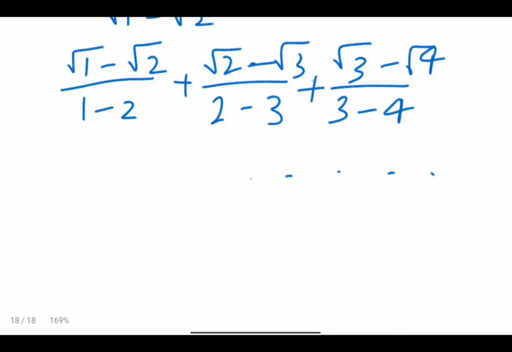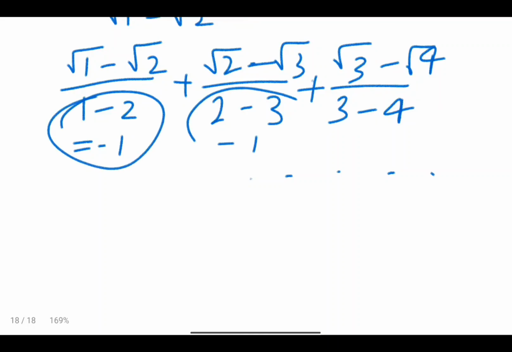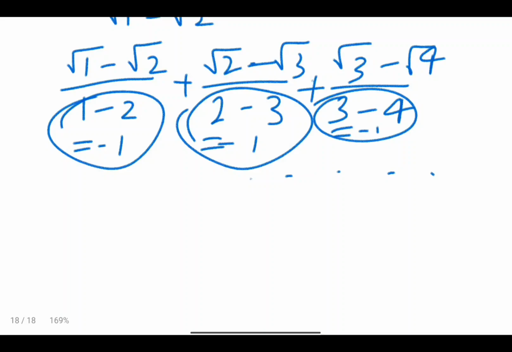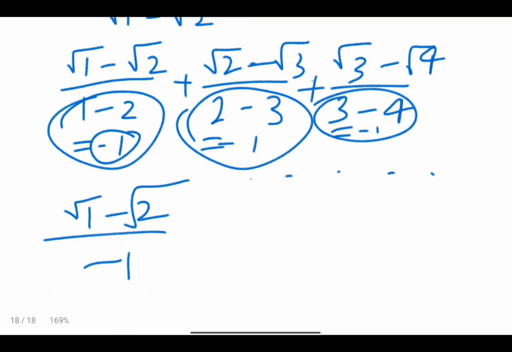If you simplify it now, see that here it remains only minus 1 in the denominator. Here it will only remain minus 1. All of them will only have minus 1. So this minus 1, we take this minus 1 because it is like this, and we multiply it to this because it's the same thing.